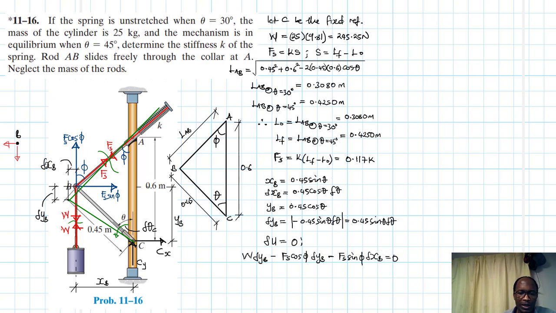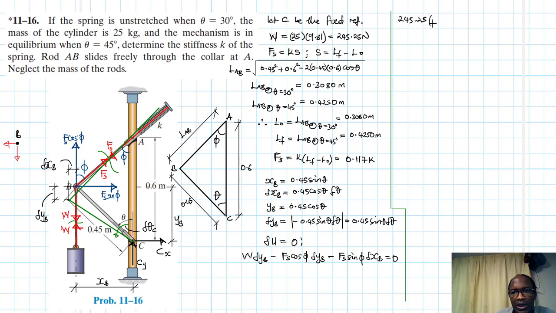So let's plug in the actual values. Let me just create a boundary here. What do we have? W, we already calculated it, is 245.25, times del yb.